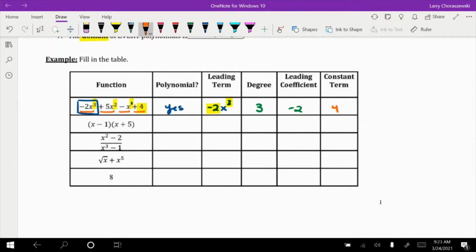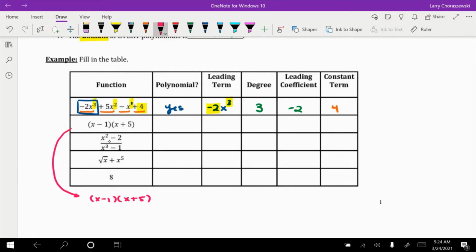All right, for row number 2, we've got x minus 1 times x plus 5. And at face value, it doesn't really look like it fits the format of a polynomial function. But if we play around with it a little bit, and I'll do it down here. And what I mean by play around is, there's something special that we can do with factors written next to each other like this, and that something special would be FOIL.